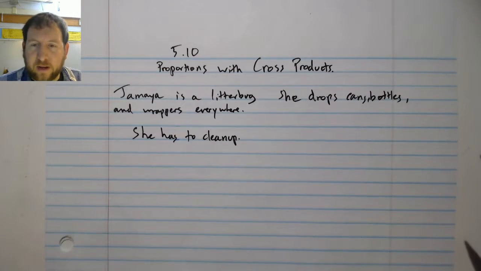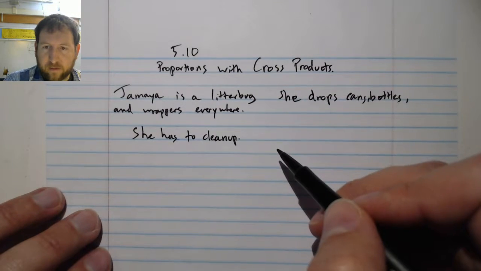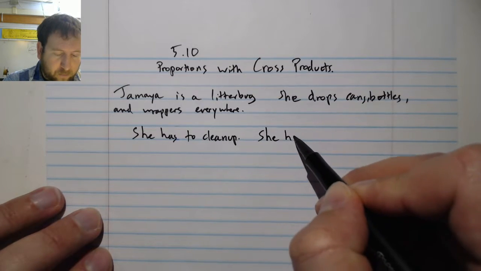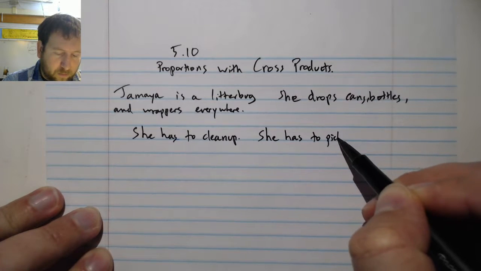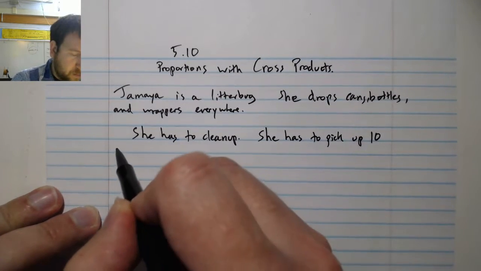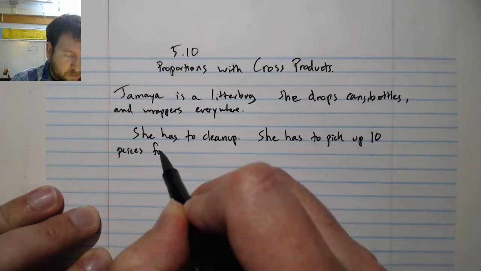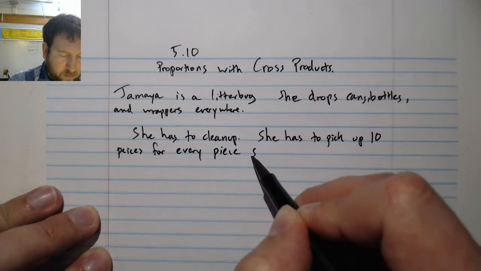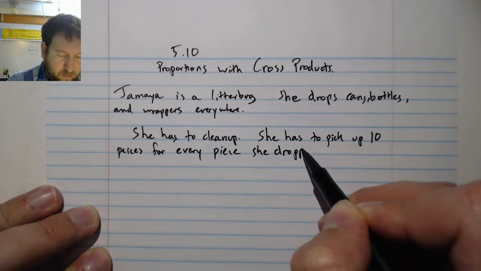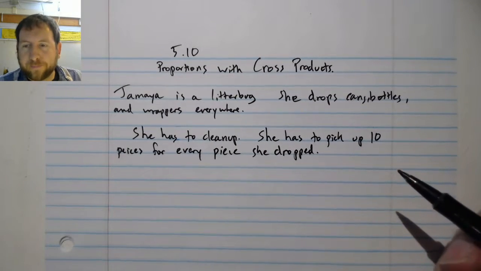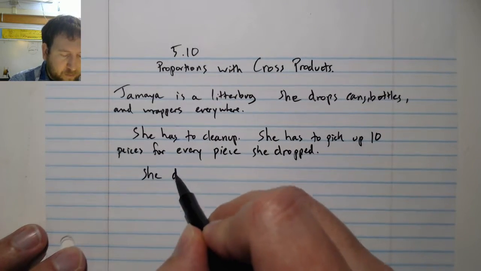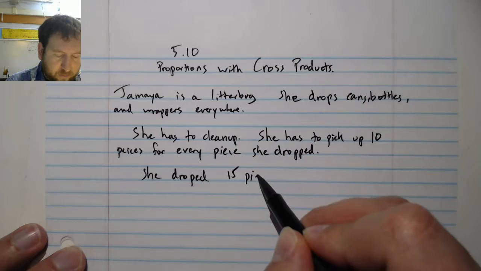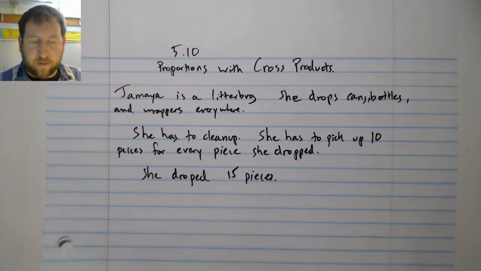And she has to pick up 10 pieces for every piece that she dropped. And she dropped 15 pieces. I hate spelling the word pieces. I'm terrible at that.